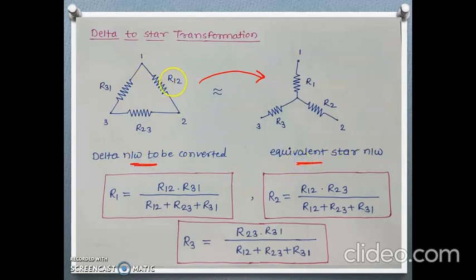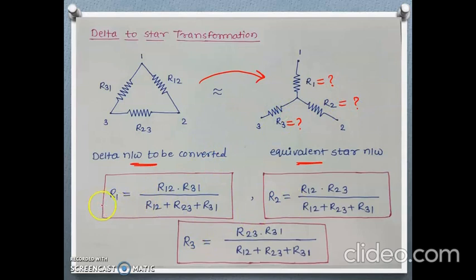We know the values of R12, R23 and R31, as this is the given delta. So we want the R1, R2 and R3 values, and how to find them is given by these expressions.